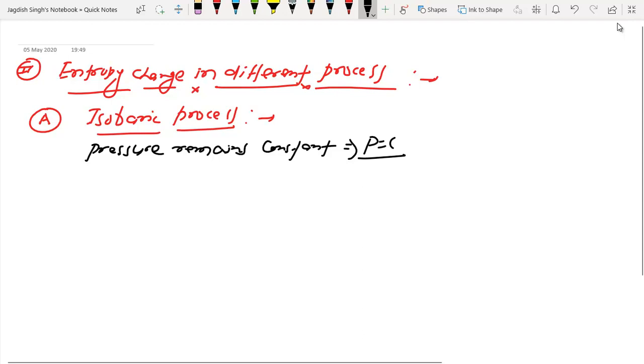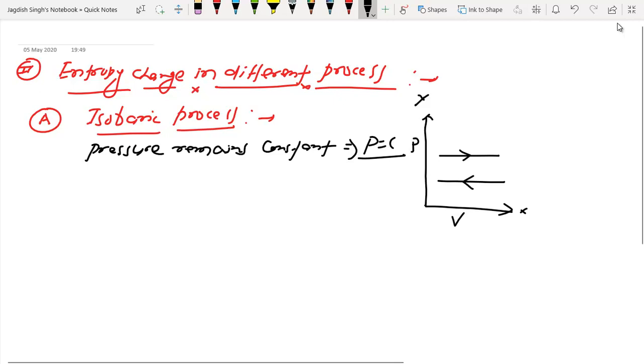So on the PV plot, we have already seen these are the constant pressure processes, with the x-axis and y-axis. Let us try to explain this process on the TS plot.